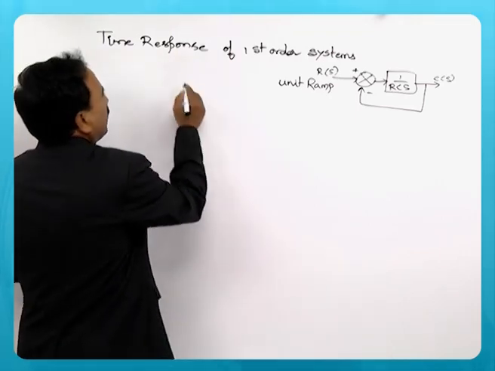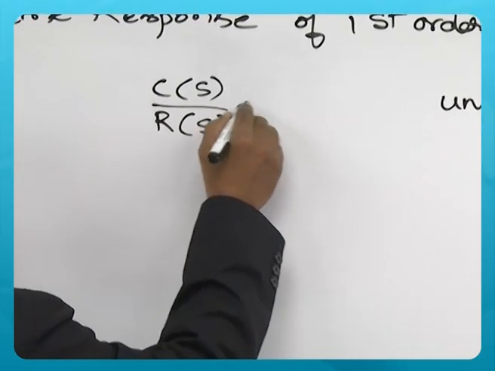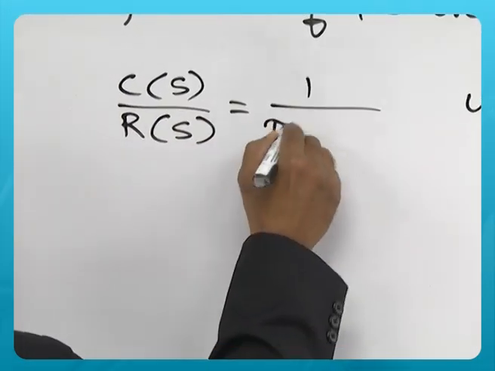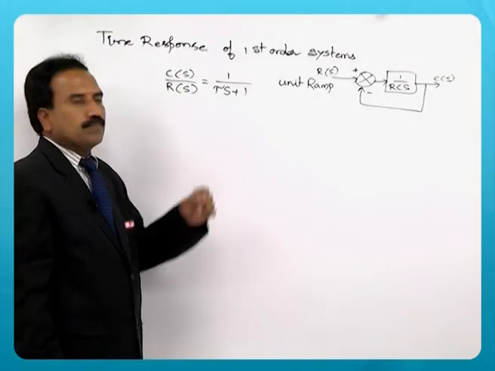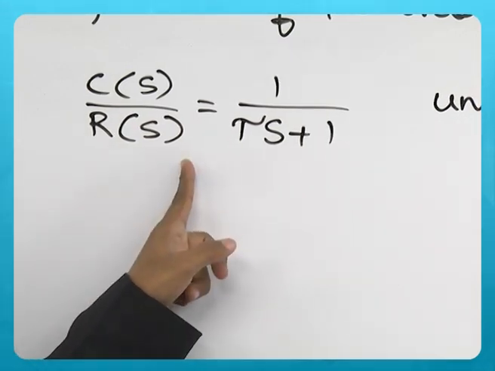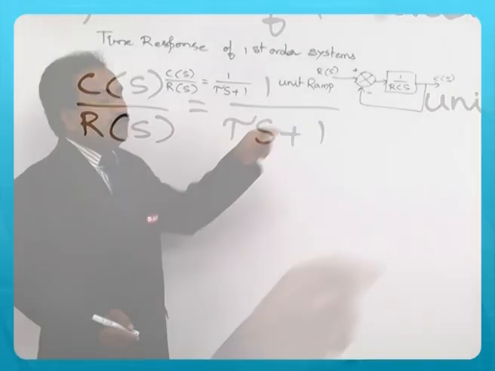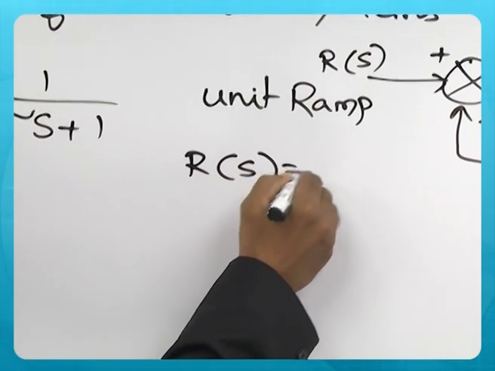So, I again write the transfer function C(s)/R(s) is 1/(tau s+1), first order system. Now, the R(s) we need to consider as unit ramp. So, R(s) is 1/s^2.